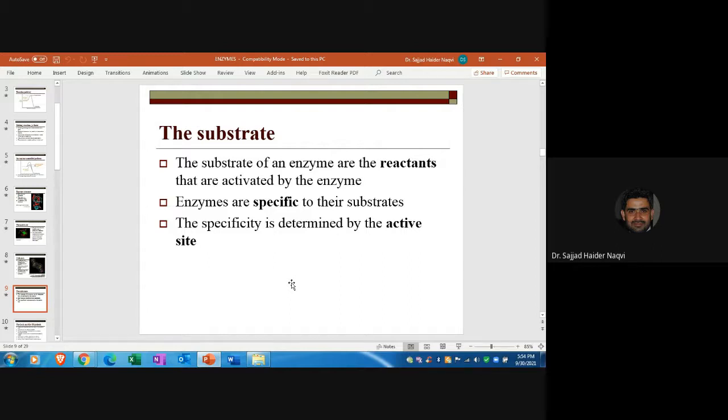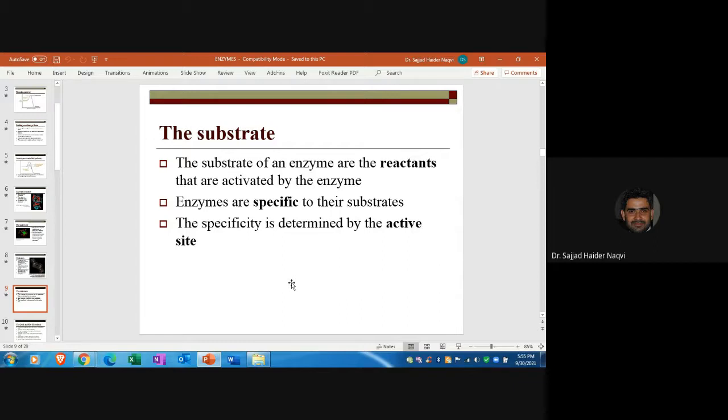Now that's a very, very important point, and that has to be kept in mind. We have a bit of specificity when it comes to enzyme catalyzed reactions. A particular enzyme is very much specific for a particular reaction. In other words, a particular enzyme is specific for its substrate to catalyze the reaction.